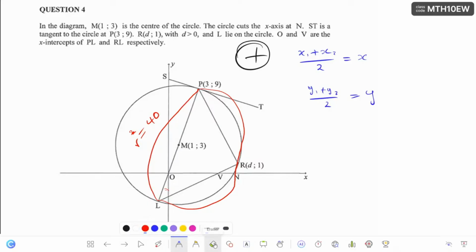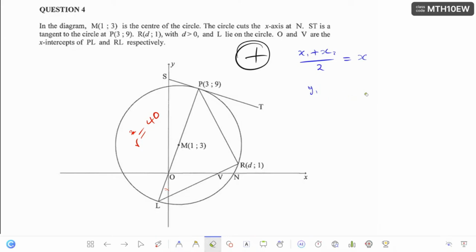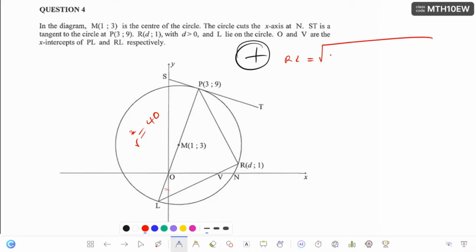So now let's calculate the distance between RL. Distance RL is given by the square root of (x2 - x1)² + (y2 - y1)². So here we find our answer to be, is it 7? I think it's 7. Yeah, 7. What about L?